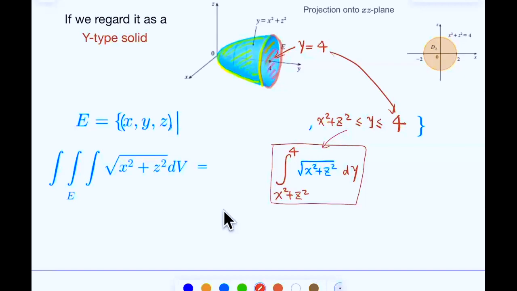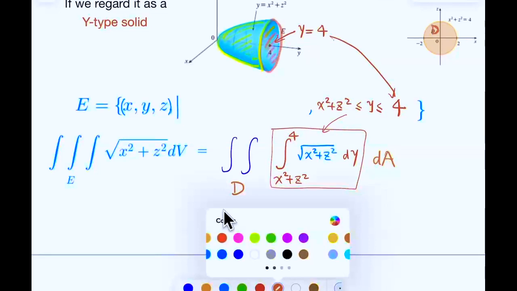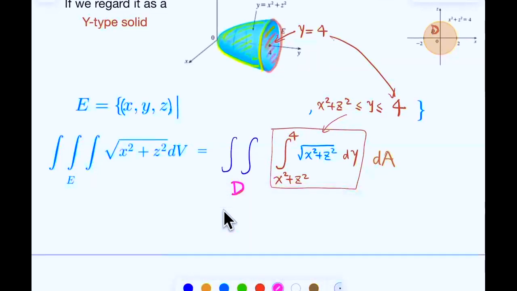But then for the rest over here, what I'm going to do is integrate over the region, right? This region over here is the region D, okay? And then I'm going to put dA over here. So D over here, dA over here. Okay.